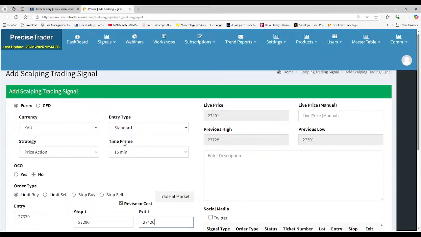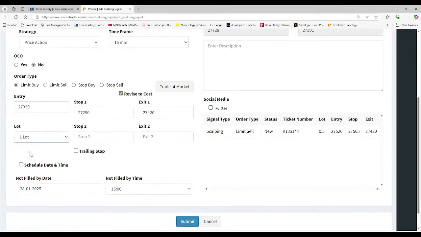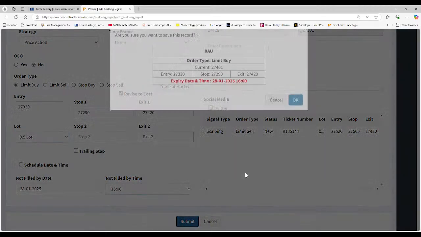This is also a half lot, and this is also until 4 p.m.